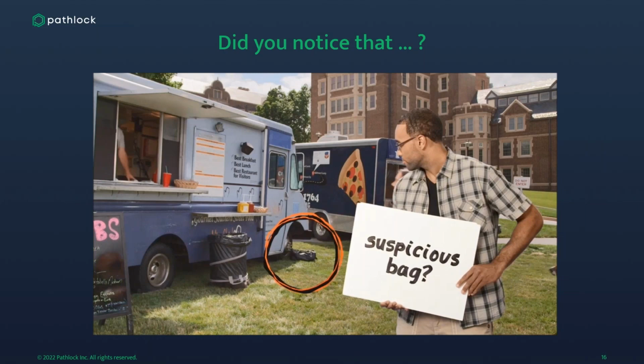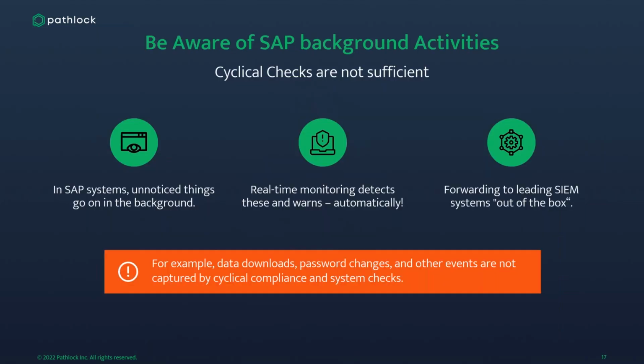So there are things going on in the background in SAP systems as well. And let's check out what these are. This is a point why cyclical checks are not sufficient, and real-time monitoring can fill this gap, and you can detect things going on in the background with real-time threat detection or just real-time detection.